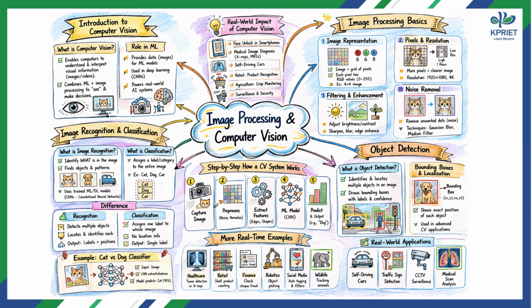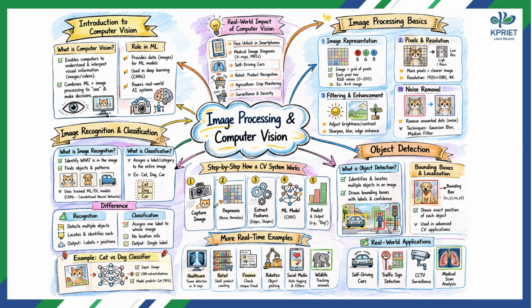Next is image recognition and classification. These are two different terminologies. Identifying what is in the image, finding objects and patterns, is nothing but image recognition. In classification, category labels are assigned to the entire image. For example, if you show a cat it is labeled cat, and a dog is labeled dog.